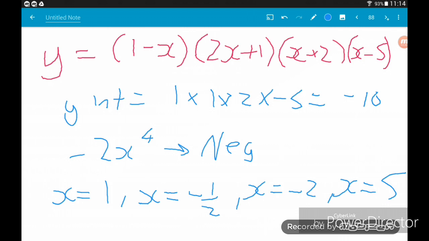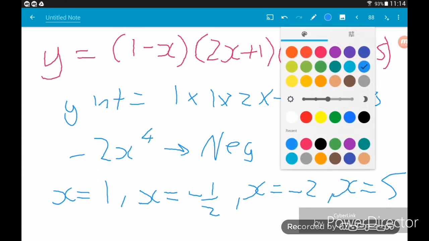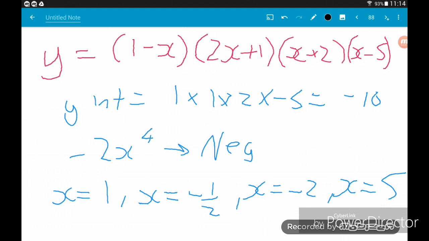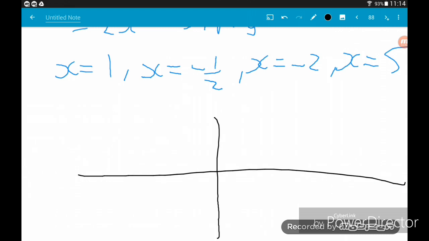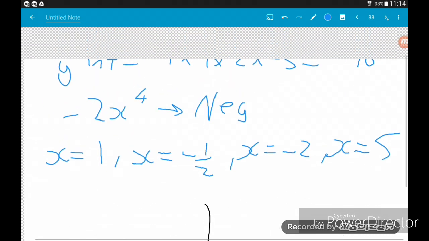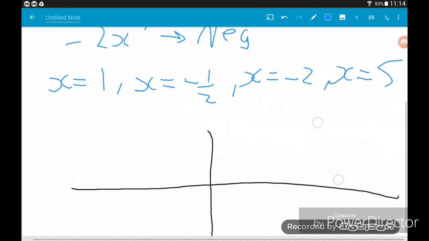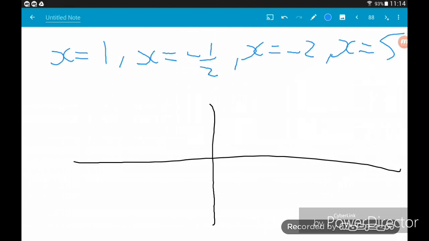So we've got all the info we need now. We can sketch. What's our first solution on the left? It's minus 2. We also need to remember our y-intercept here is minus 10. So we're starting on the bottom left. We come up, we go through the x-axis at minus 2.